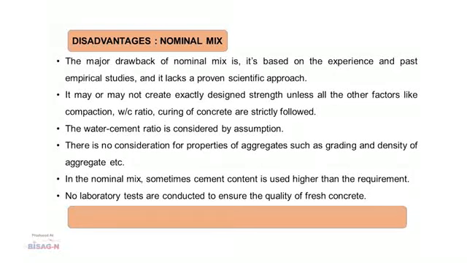Next, the water cement ratio is considered by assumption. There is no consideration for properties of aggregates such as grading and density of aggregates. The second last point is that in nominal mix, sometimes cement content is used higher than the requirement. And at last, no laboratory tests are conducted to ensure the quality of fresh concrete.